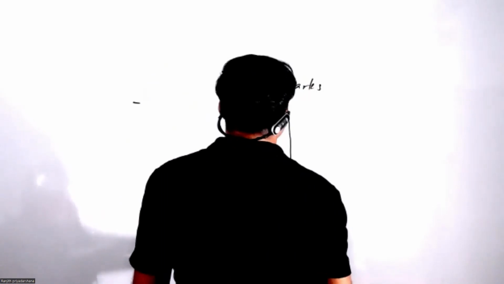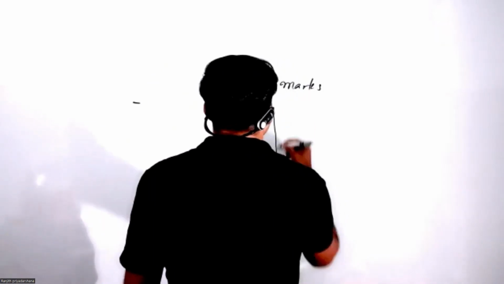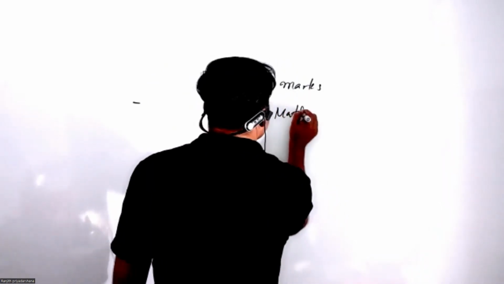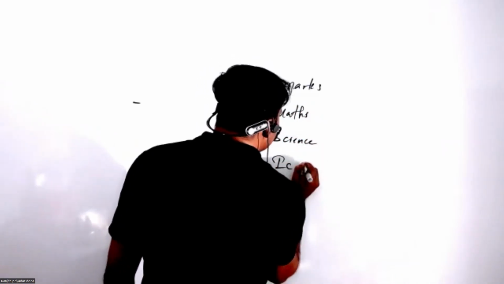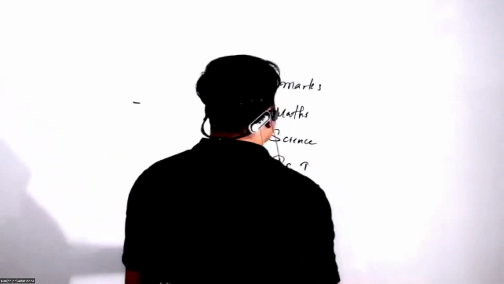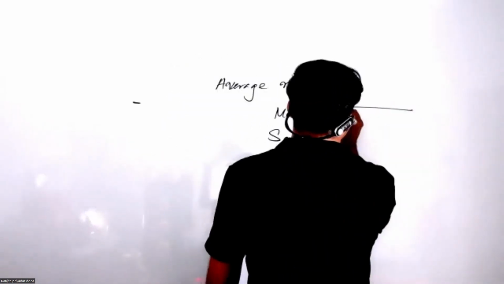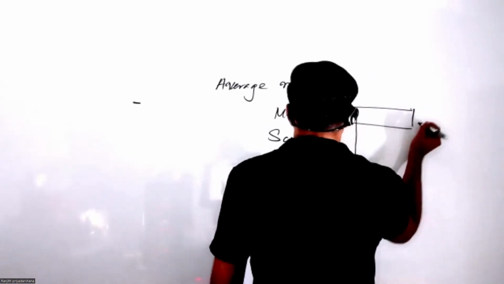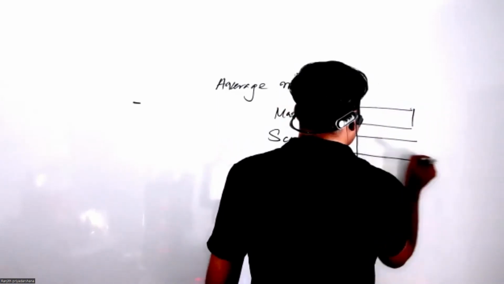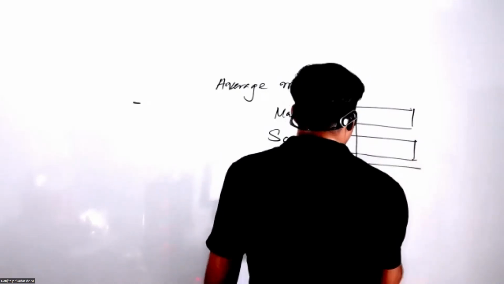Average marks of a student for maths, science, and ICT. Right, so you have to input this information. So that's the interface of the form.